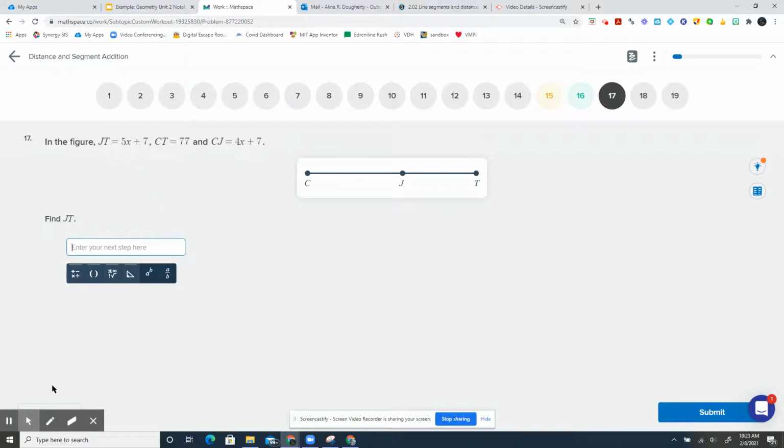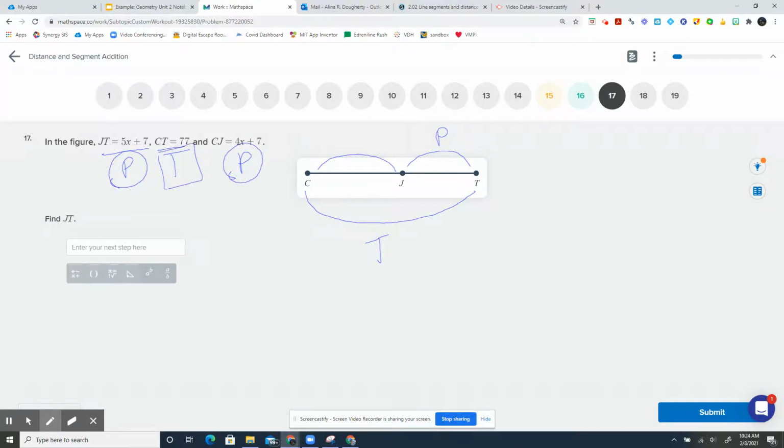This one looks like it's going to be almost identical. So we're just going to label JT. JT is our part. And then CT, that's the total. And then CJ. CJ is the other part. So here, remember, we've got to do the part plus the part equals the total.